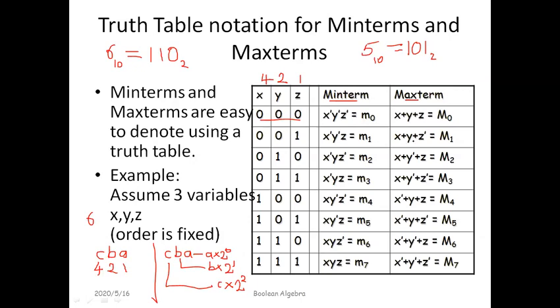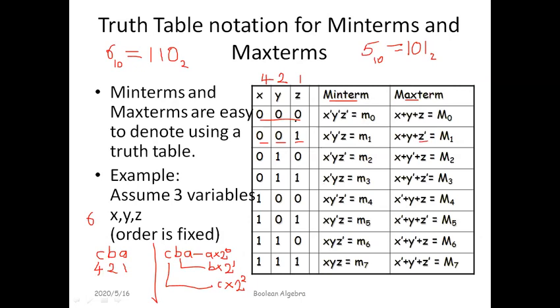Why do we have x plus y? Because these two are zeros. So we have x plus y plus, where there is 1, we put z bar, which is M1, which is the denary equivalent of 0, 0, 1.